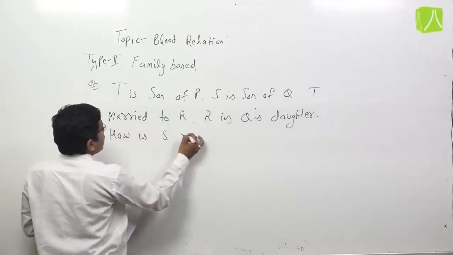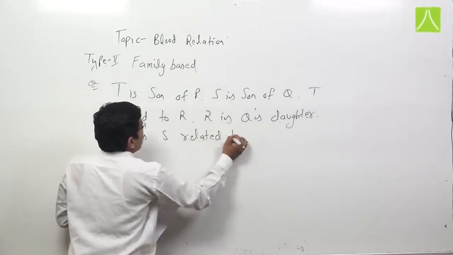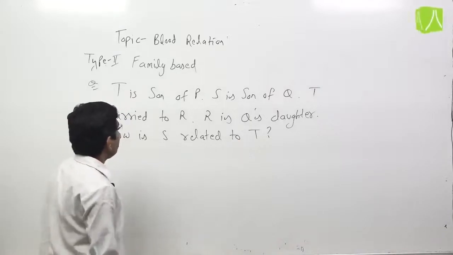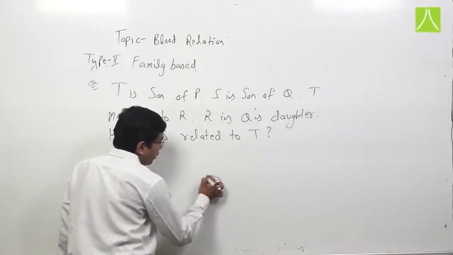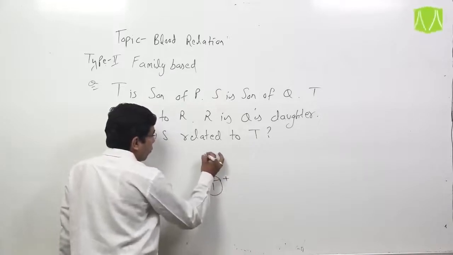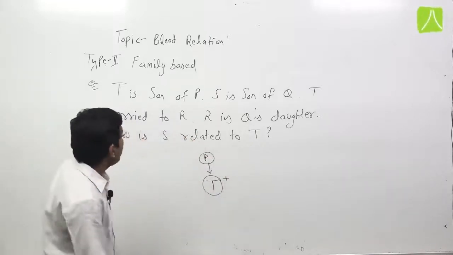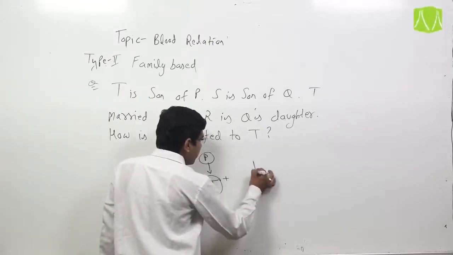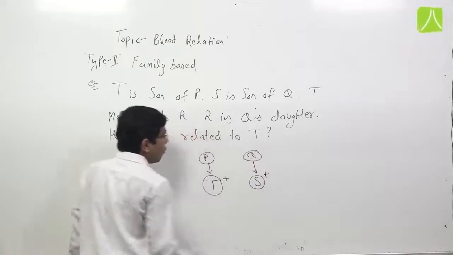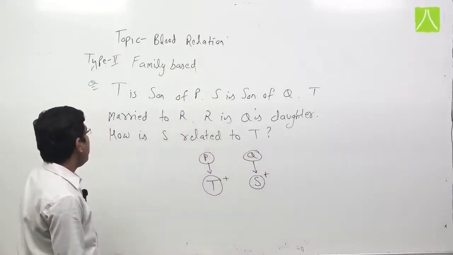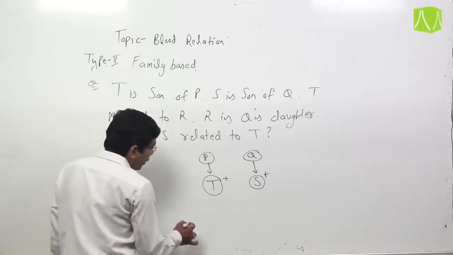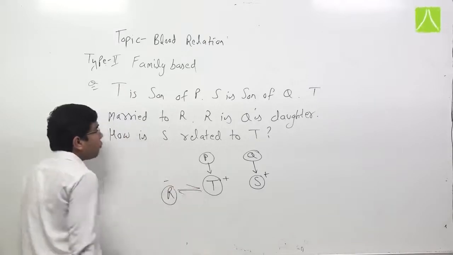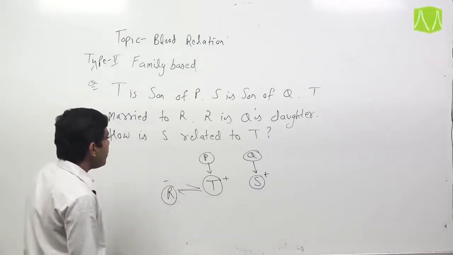Now according to the question, T is son of P. This is our first string. Second, S is the son of Q. Next, T married to R. That means R is the wife of T, and R is Q's daughter.